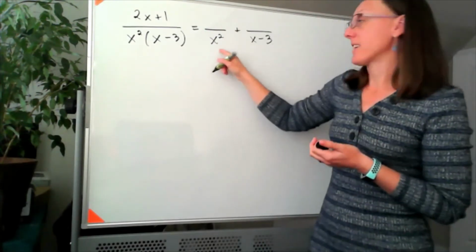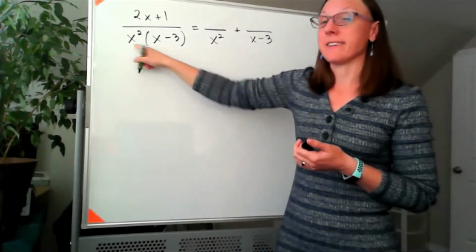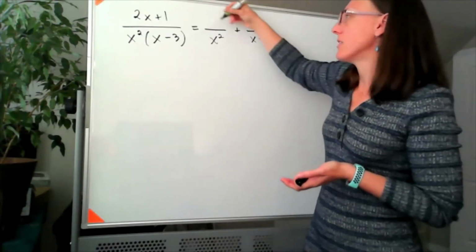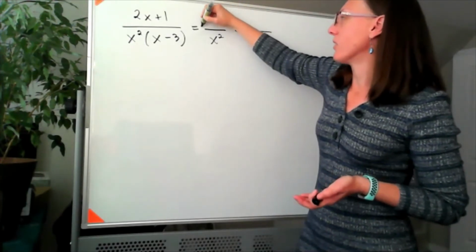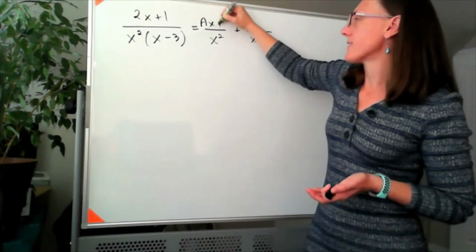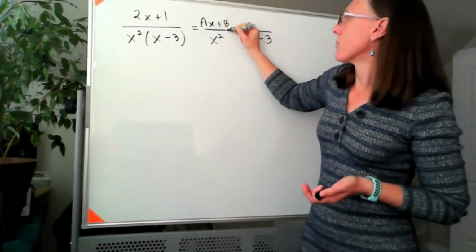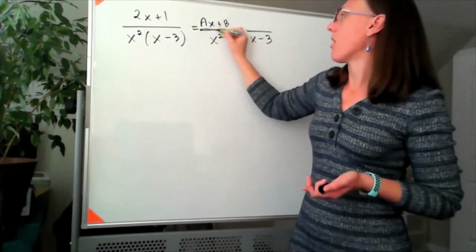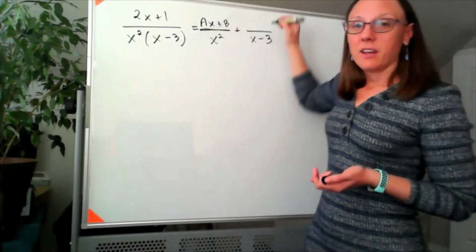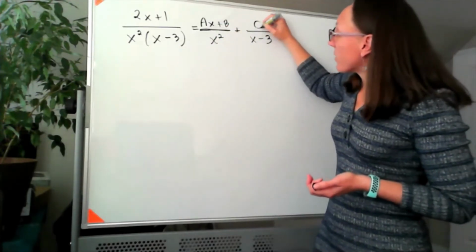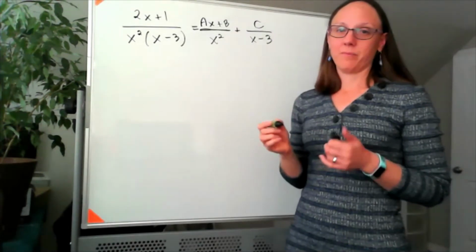So if I have an x squared in my denominator as one of those factors, then my numerator would actually look like ax plus b, to put a linear term on the top. And then that would mean that I need a third variable over here, c.